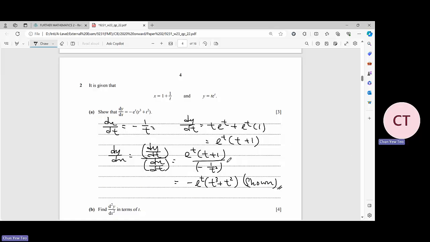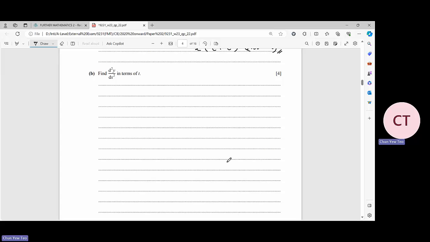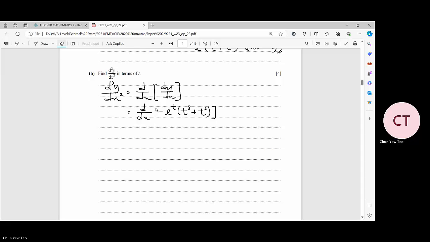Move on to part B. Find d²y/dx² in terms of t. To find d²y/dx² in terms of t, we just need to differentiate like this. This one is d/dx of −e^t (t³ + t²).